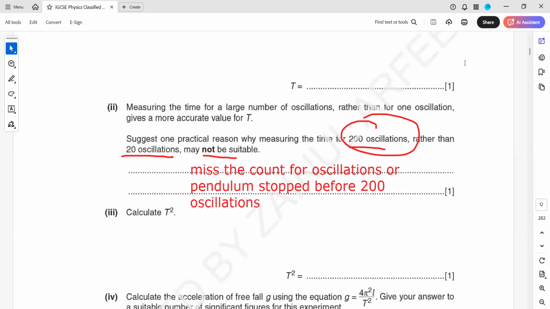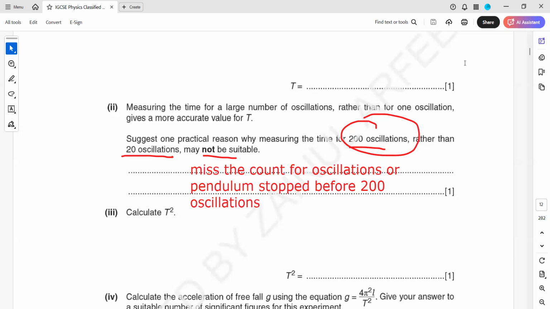Theoretically 200 is more accurate, but we have to suggest one practical reason. If you read the first line, measuring a large number of oscillations gives a more accurate result. But why is 200 not suitable? Because practically it's not possible.